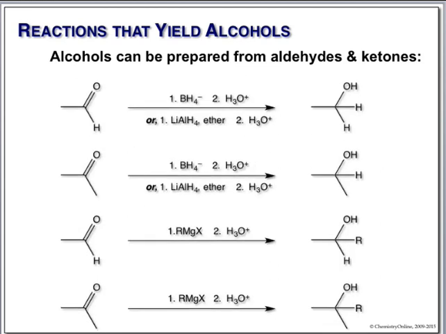We can also make these by, we'll see this in this chapter, reduction of aldehydes and ketones. We will use borohydride or lithium aluminum hydride. Lithium aluminum hydride is a very powerful reagent.